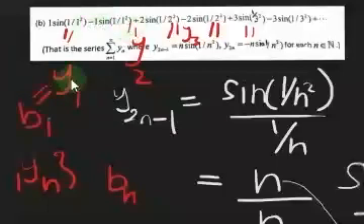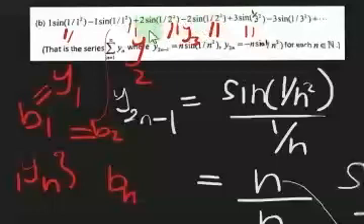I remove this sign, the quantity is the same as b sub 2. So b sub 1 and b sub 2 are the same. The quantity of the third term is b sub 3 and the quantity of the fourth term is b sub 4.